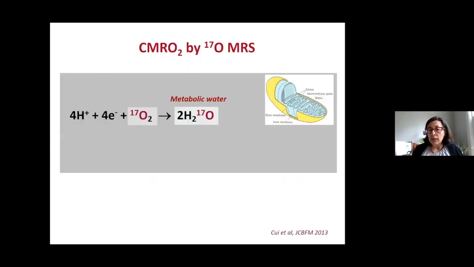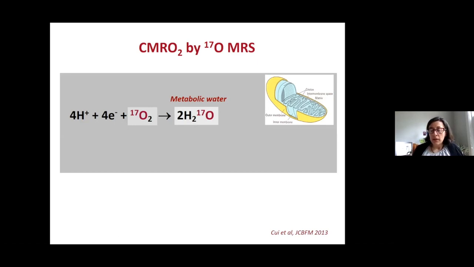And then finally, again thinking about having a handle on energy metabolism, it is possible to measure cerebral metabolic rate of oxygen, the oxygen utilization rate, by O17 MR spectroscopy. What you're doing in that case is using O17 gas through inhalation and monitoring the flow of label into metabolic water.